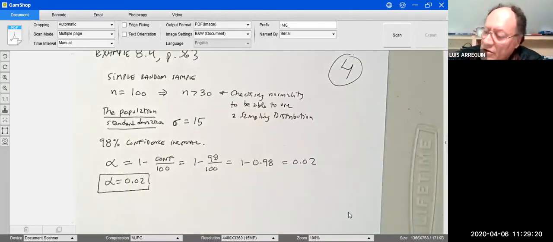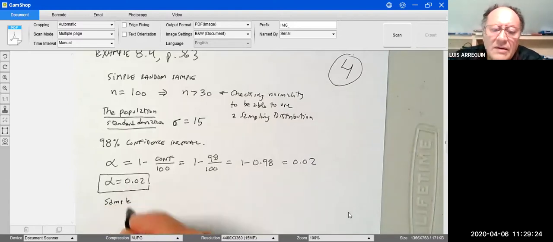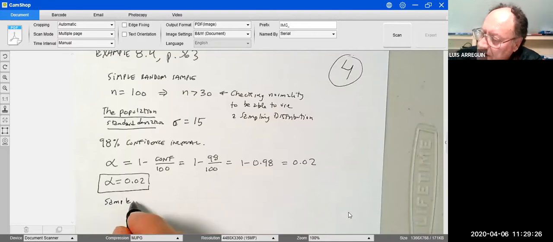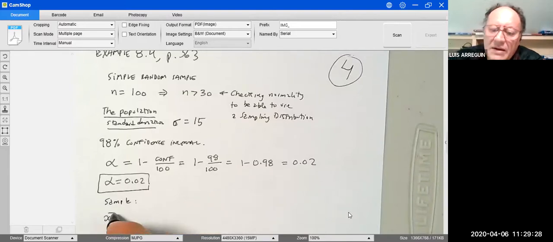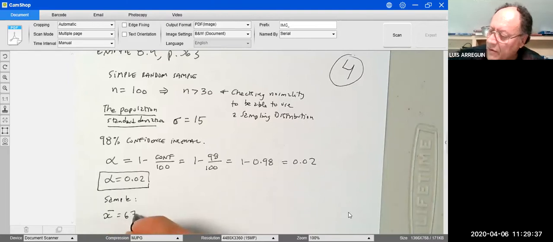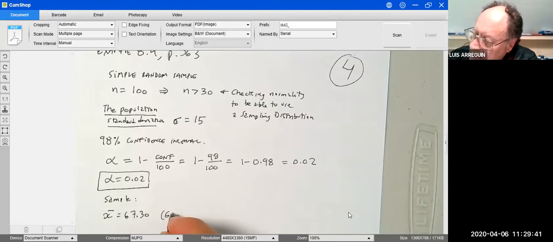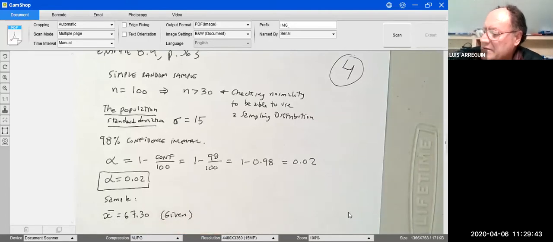Also, they are giving you information about the sample. They are giving you the mean of the sample. The mean of the sample is 67.30, given. Sometimes this value is given.